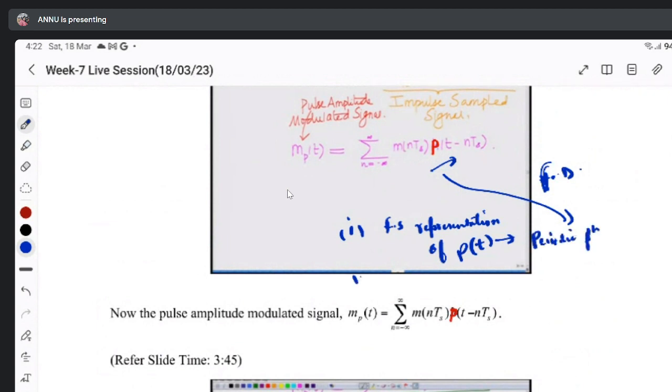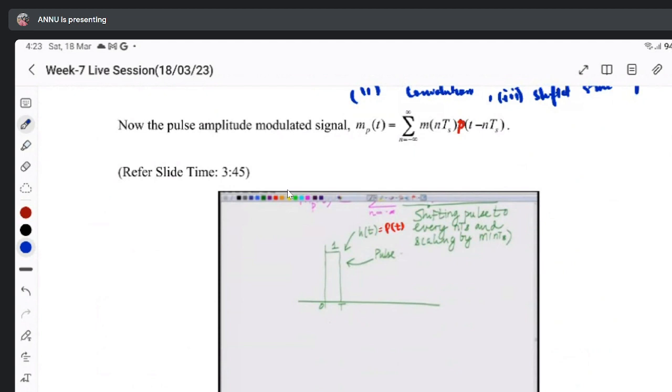Then you'll do convolution, using the convolution property, and third, you will have shifted sinc spectra. So this you always remember: first the Fourier series representation, then convolution, and then the spectrum.